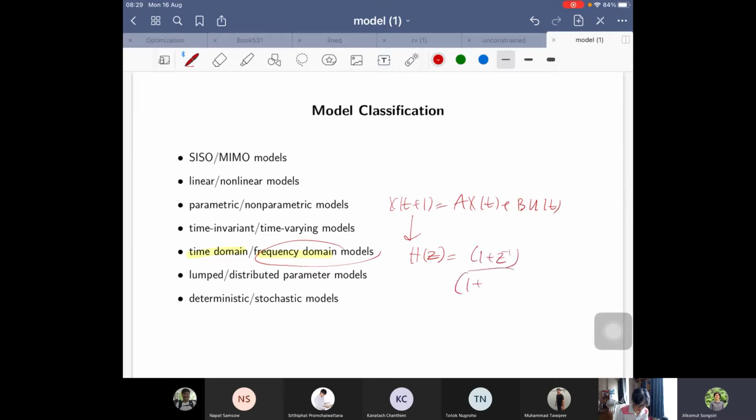You should be familiar with the transforms we learned in EE, the Laplace transform and the Z transform. Those are frequency domain representations we encounter a lot in EE.